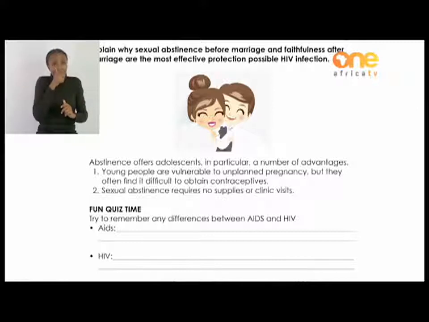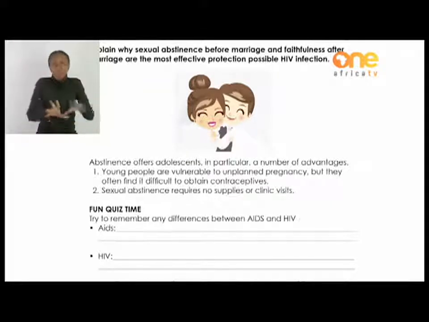It prevents you from getting unwanted pregnancies, or let's say teenage pregnancies. It also saves you time and energy to go to the hospital to look for contraceptives. Or it also prevents you from getting other sexually transmitted diseases.